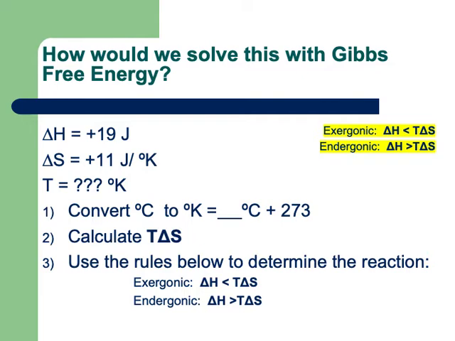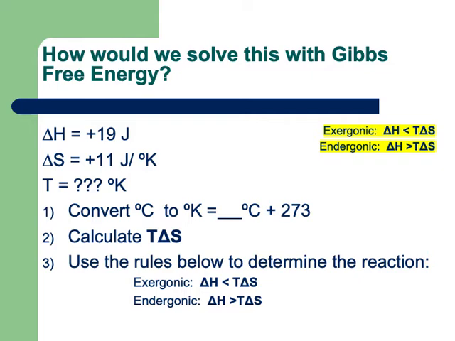3,223 joules. Now we need to go back to our rules to determine what is going on with this reaction, whether it's exergonic or endergonic. So if we know the change in enthalpy is 19 joules, is it less than 3,223? Yes, it is.